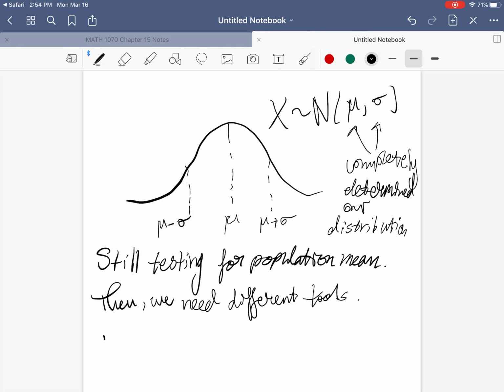The tool, sorry, that's toll, the tool is the t-distribution.